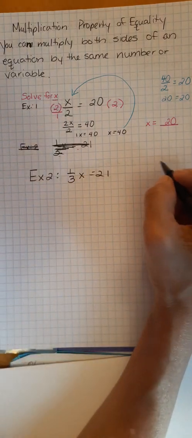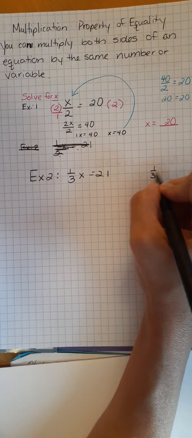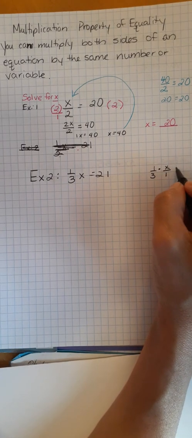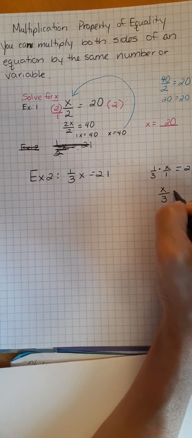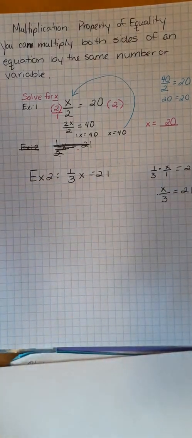Another way to write it is 1 over 3 times x over 1, since any number over 1 is the same number or variable, equals 21. x divided by 3 equals 21. This and this mean the same thing.